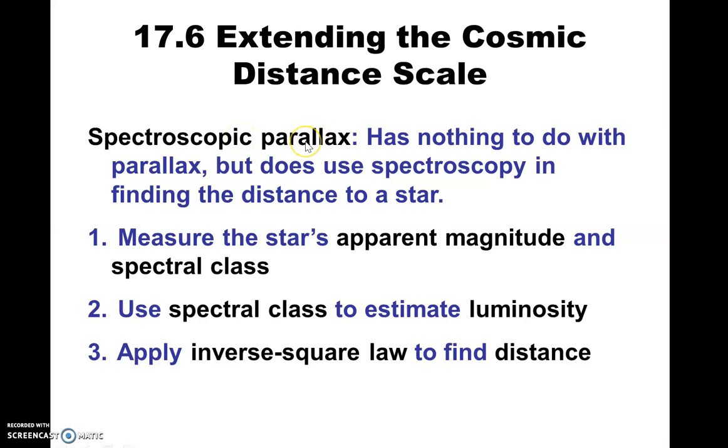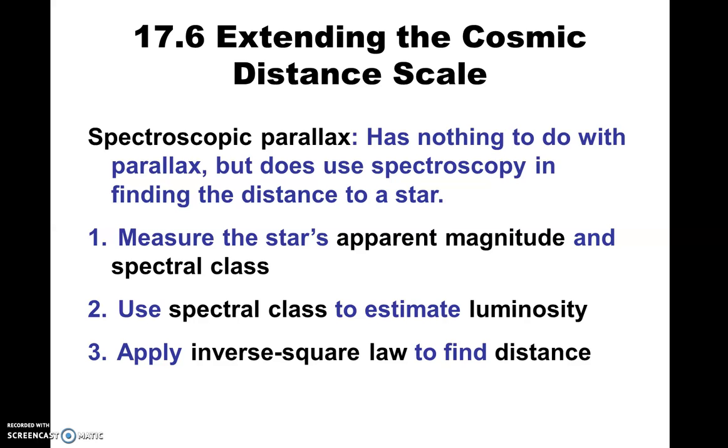The reason they say parallax, of course, is because astronomers associate parallax with distance measurements. But again, it has nothing at all to do with parallax. With parallax, remember, you're using a baseline and measuring the shift in a star's position. This has nothing to do with that at all.